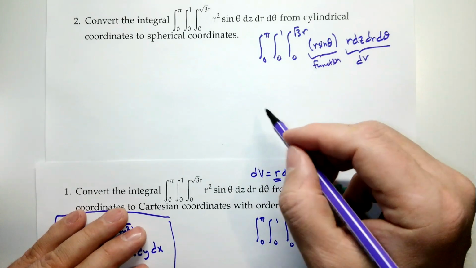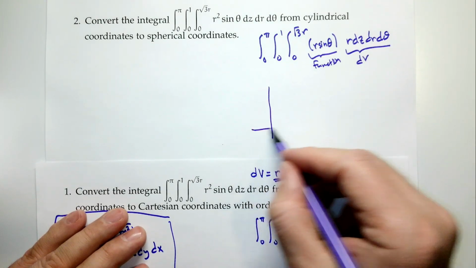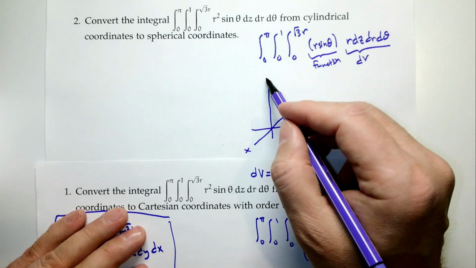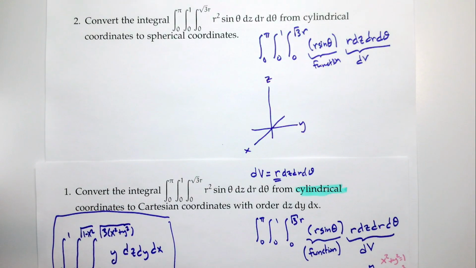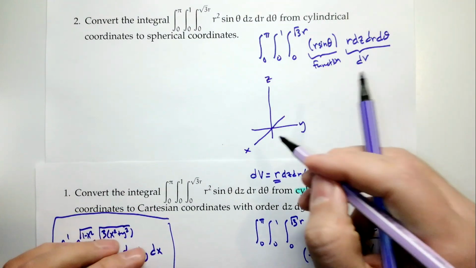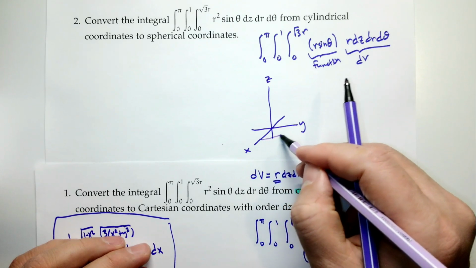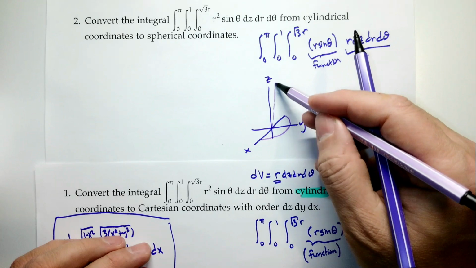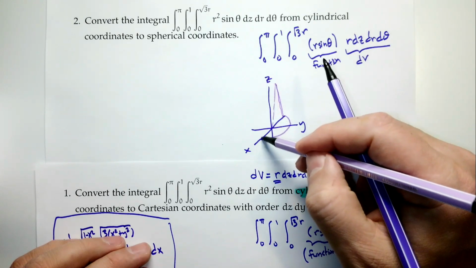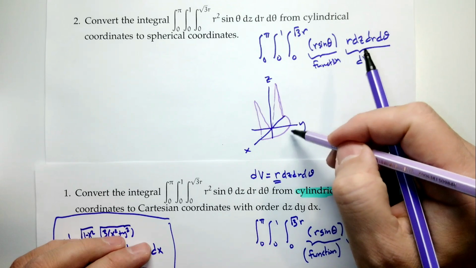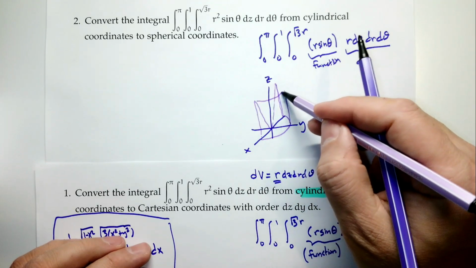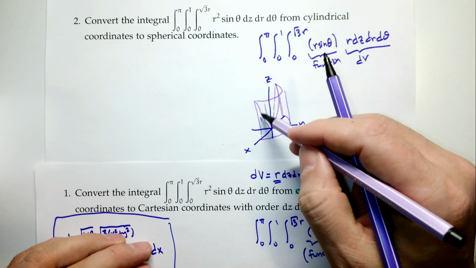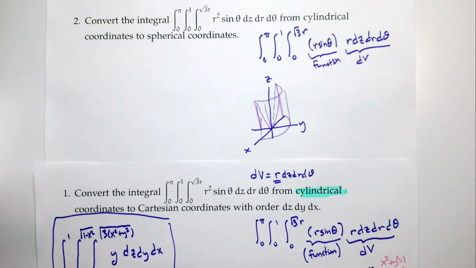If we're looking at our picture, I'll try to re-sketch it, maybe I'll do even better this time. It's possible. Weirder things have happened. We know that in terms of the xy plane, we're this half circle, and then we're going up to a very particular cone. So that's our basic shape, and it's our solid inside of here.